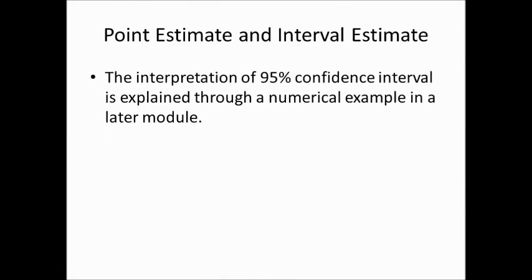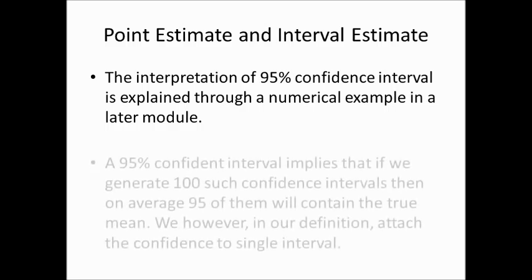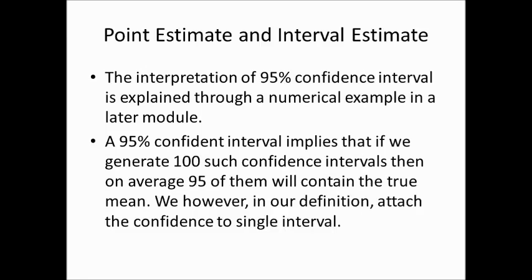The interpretation of a 95% confidence interval will be explained through a numerical example in a later module. A 95% confidence interval implies that if you generate 100 such confidence intervals, each based on a sample of size 300, get a point estimate, estimate the half width, and add and subtract the half width to get an interval, then 95 of them on average will contain the true mean if you are dealing with a 95% confidence level.